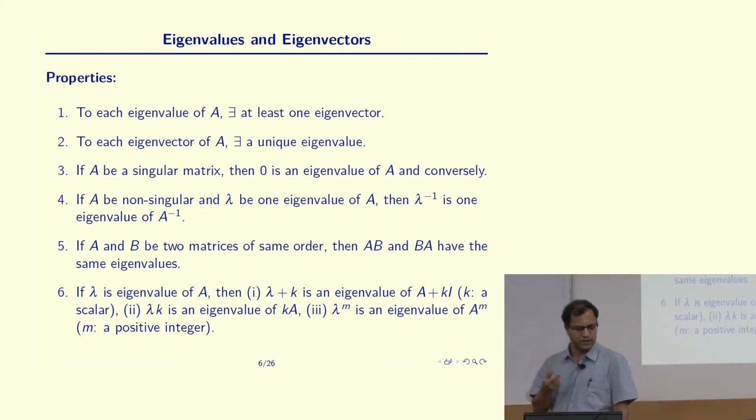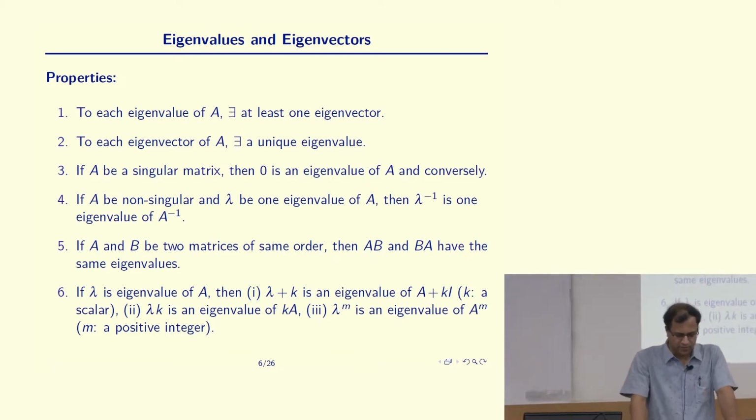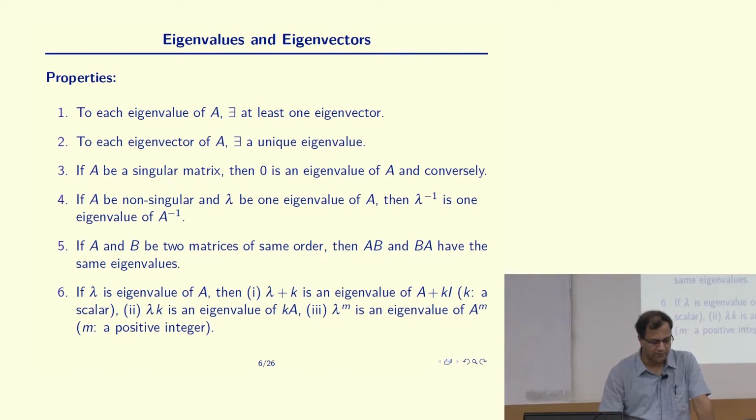Okay, so I think I'll not go for the proof. Most of you have already seen those properties of eigenvalues and eigenvectors, but I need to use some of the properties. As I was saying, to each eigenvalue of A there exists at least one eigenvector. Is it easy to prove? I think it's simple, right?